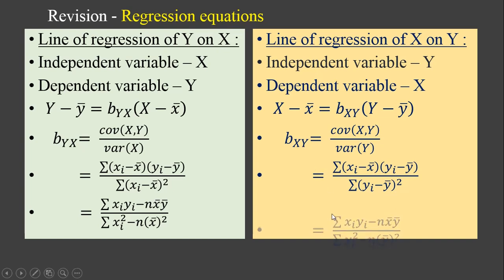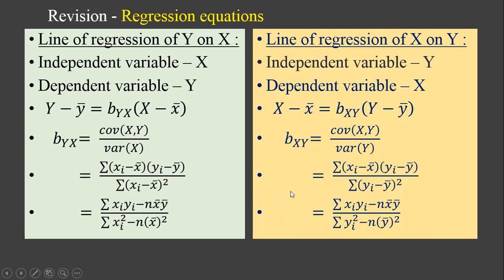And third formula is summation xi yi minus n into x bar y bar upon summation yi square minus n into y bar to the square. In these formulae the numerator is the same, and only the denominator changes: terms of x in one case, terms of y in the other.